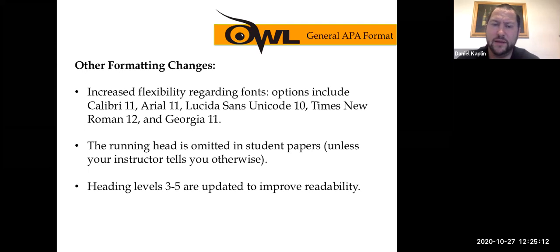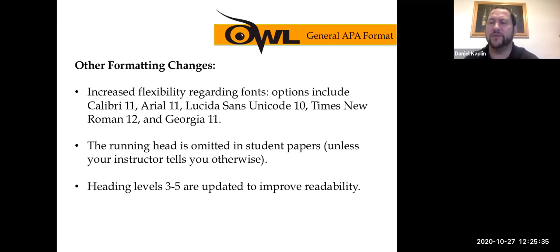The running head is typically omitted on student papers unless your instructor tells you otherwise. And because I am training you to be professionals, in my classes, I still want the running head, even though I know that in other classes, your professor might say you don't need it. So that's a formatting change.